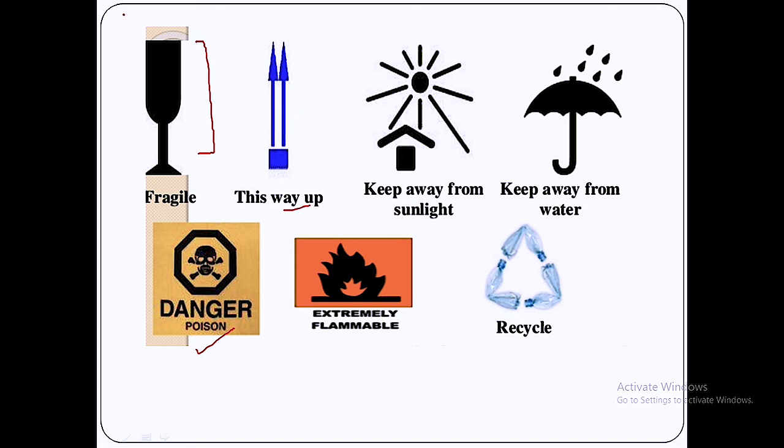Then if this is indicated, this means keep away from sunlight. This means keep away from water. This means recycle. We all know that this is commonly used. And this is extremely flammable. So these are some of the depictions of the symbols associated with our packaging in pharmaceuticals. There are much more, but I have just described a few of them.